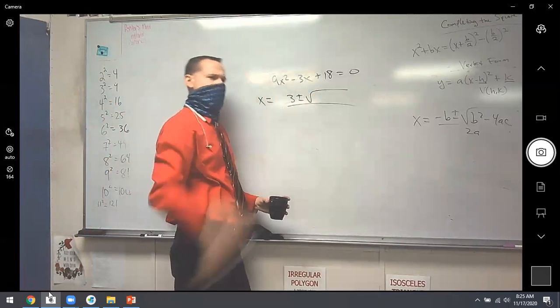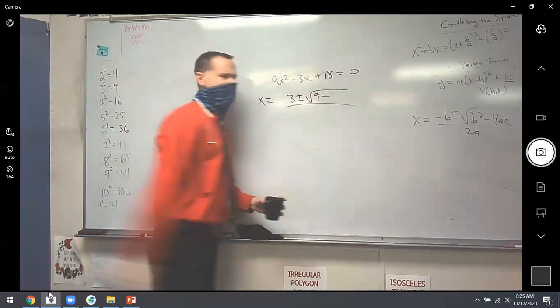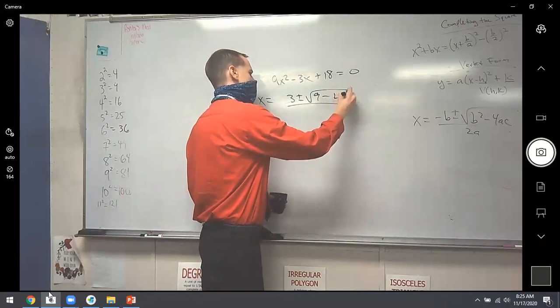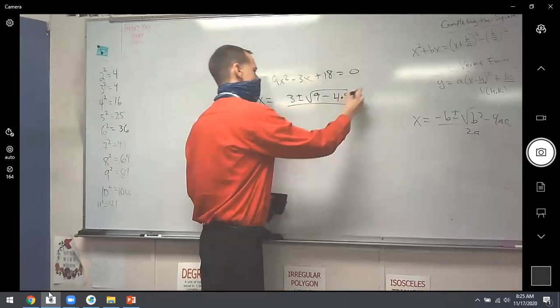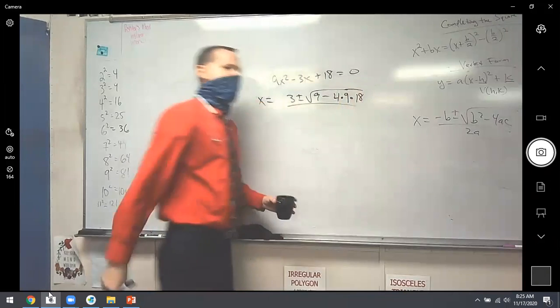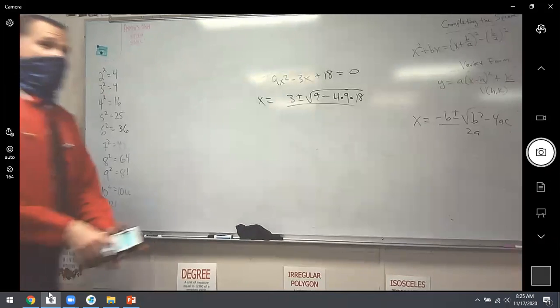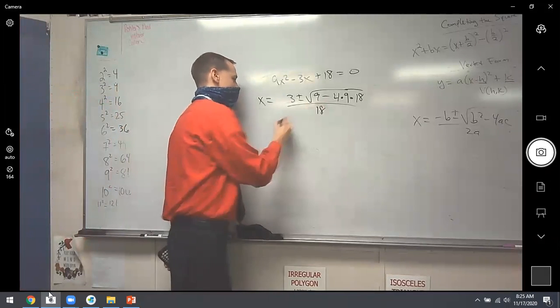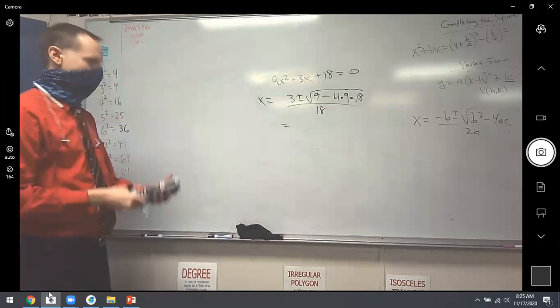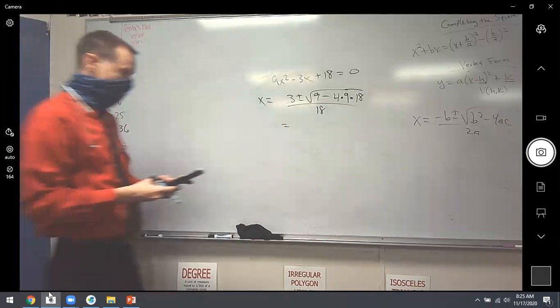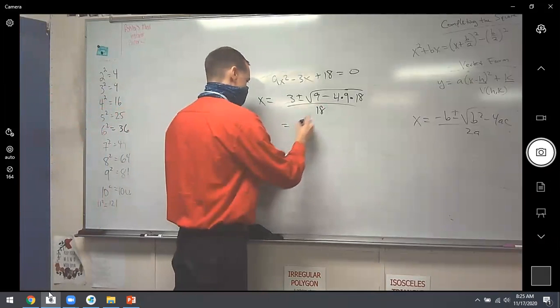So what's 3 squared? It's 9. So I can just put 9 minus 4 times a, which was 9, times c, which was 18. And that's all over 2a. a was 9. 2 times 9 is 18. So we got this thing. And now we'll go clean up that discriminant, the part under the square root. And it's not pretty.